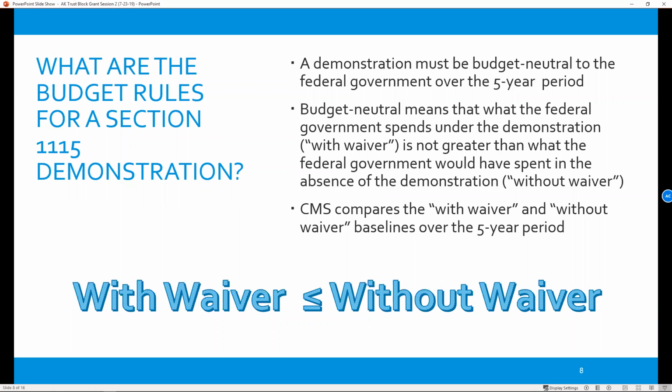Budget neutral only means you have to save at least $1 compared to the baseline over the 5-year period. Many waivers, on a year-by-year basis, had the federal government spending more than it would have without the waiver, but over the 5-year period, it was budget neutral. Absolutely correct.